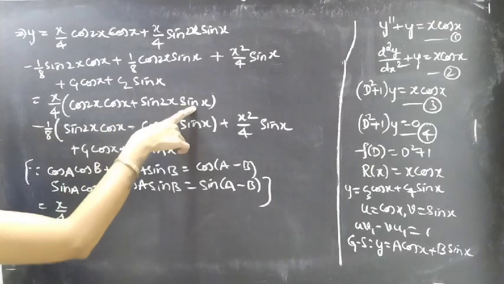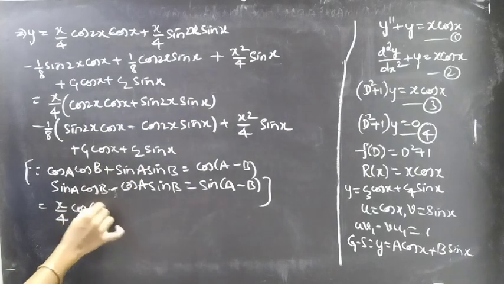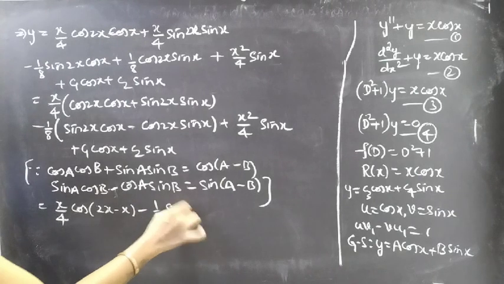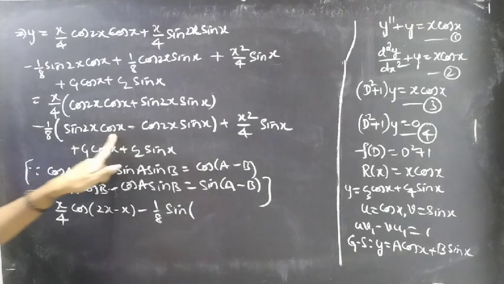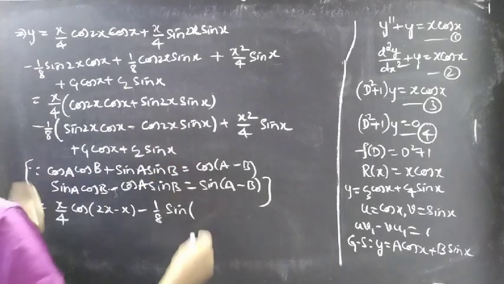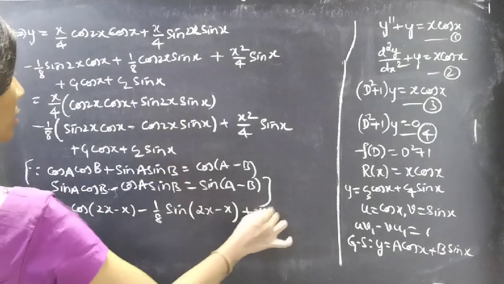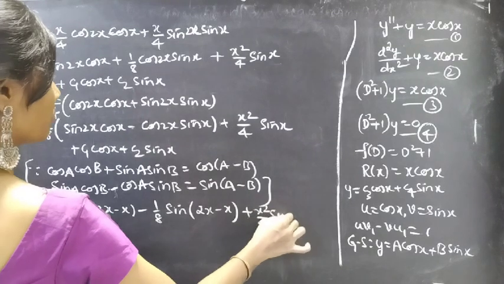Cos A cos B plus sin A sin B can be written as cos A minus B, minus 1 by 8 of sin A cos B minus cos A sin B is sin A minus B, that is 2x minus x, plus the next three terms remain the same.